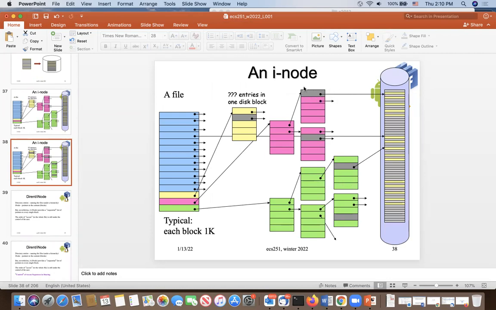If there is one pointer over here, it is pointing to a particular disk block, then essentially this particular block is in use, right? So if I have one pointer in the direct, single, double, or triple indirection that is pointing to a particular block, then that block is in use.